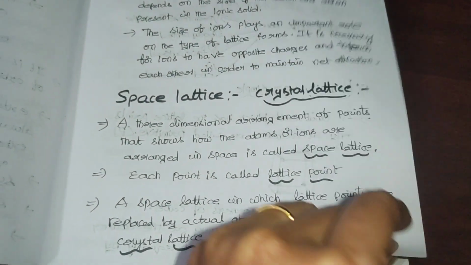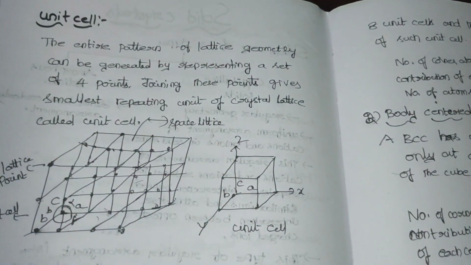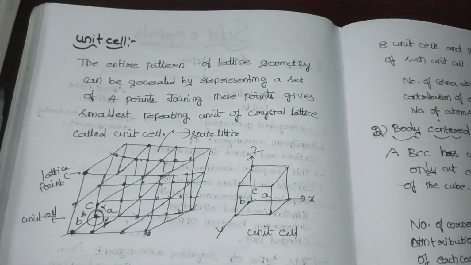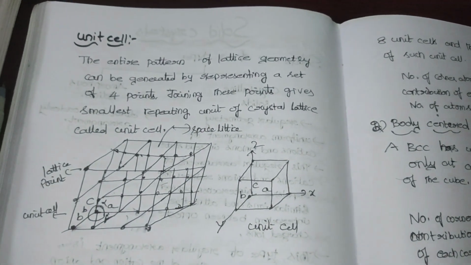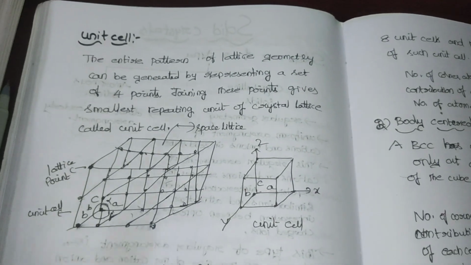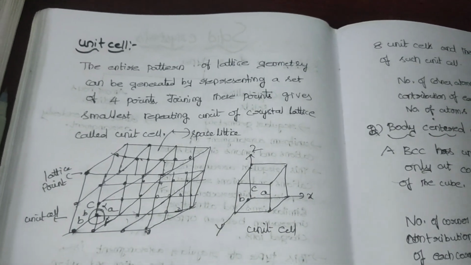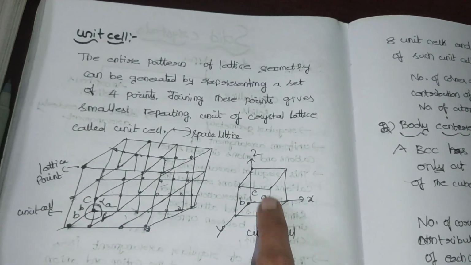Then next is, what is a unit cell? The entire pattern of lattice geometry can be represented by a set of only 4 points. Joining these 4 points gives the simplest smallest repeating unit of the crystal lattice, which is called a unit cell.